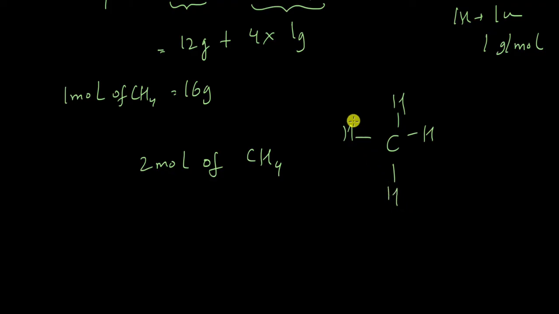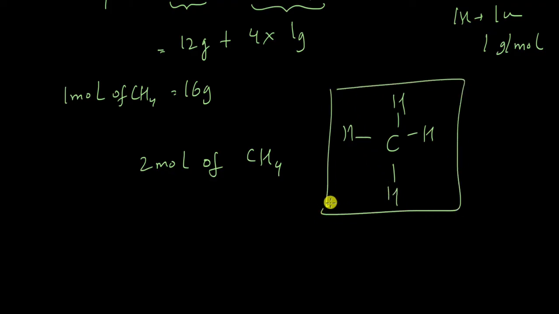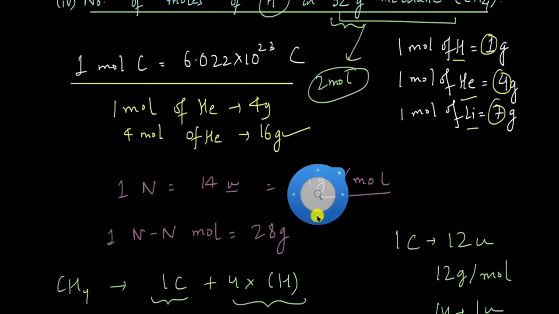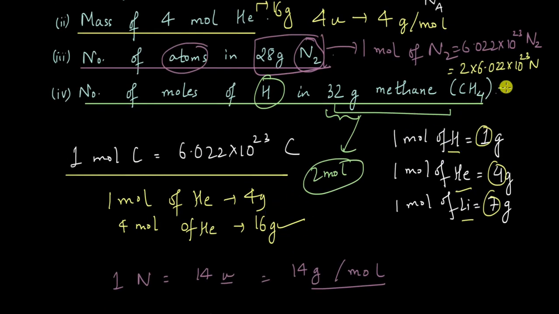So if we have 1 mole of this CH4, we have 4 moles of hydrogen atoms. And in 2 moles of CH4, we will have 8 moles of hydrogen atoms. Because for each methane molecule, we have 4 hydrogen atoms. So the answer here for this fourth part is 8 moles of hydrogen atoms.